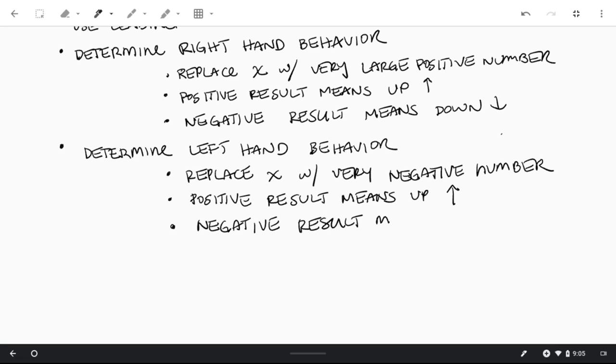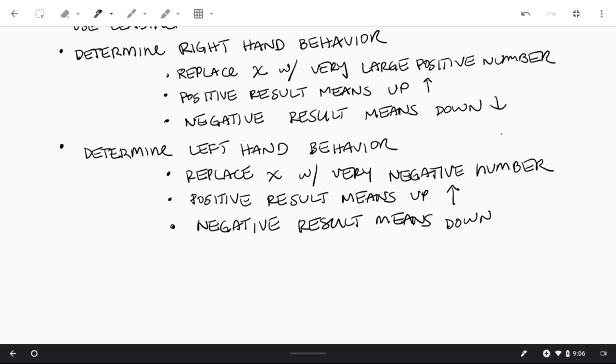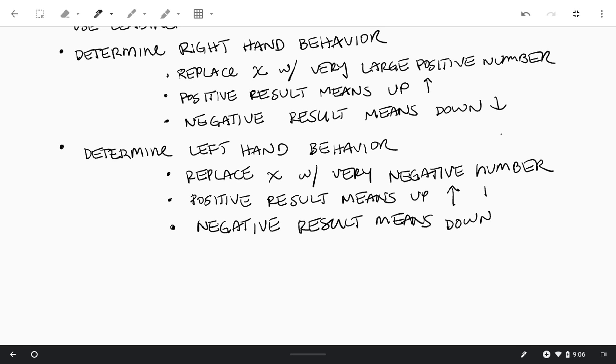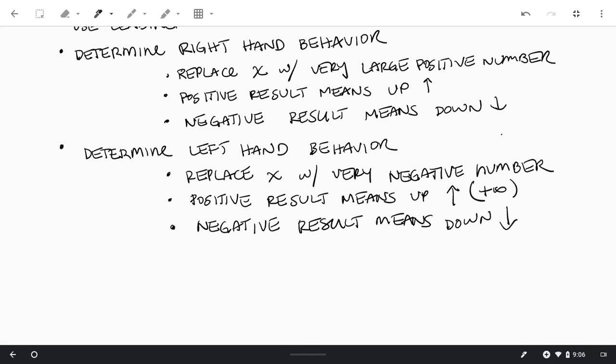So that's like saying positive infinity, and down is negative infinity. Goes down towards negative infinity, up is towards positive infinity.